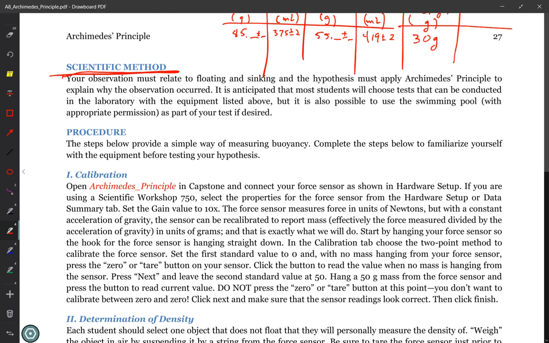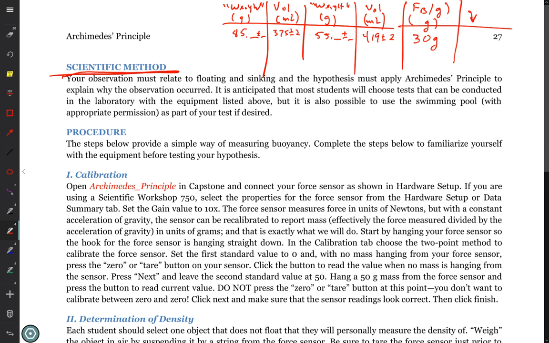And then I'm going to go to my volume displaced. Volume displaced in milliliters is equal to the difference in those two volumes. And so 419 minus 375, that's basically 44 milliliters.